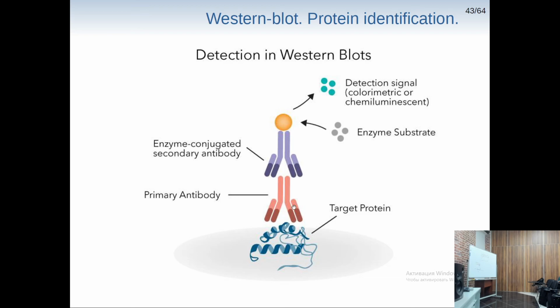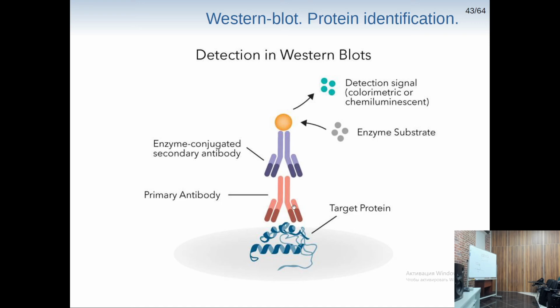It can also be done by conjugation with some fluorochrome, and we can actually visualize it with special machines. And most of the time we will use such a construction of primary and secondary antibodies, where your primary antibody is able to recognize some of your proteins or even some post-translational modification of your protein. And the secondary antibody can recognize the first antibody.